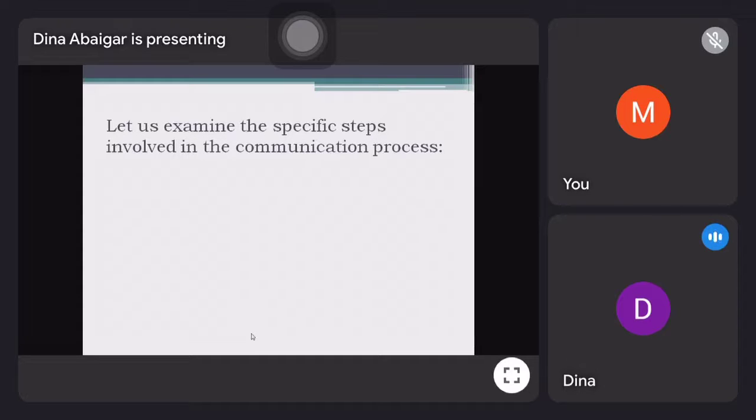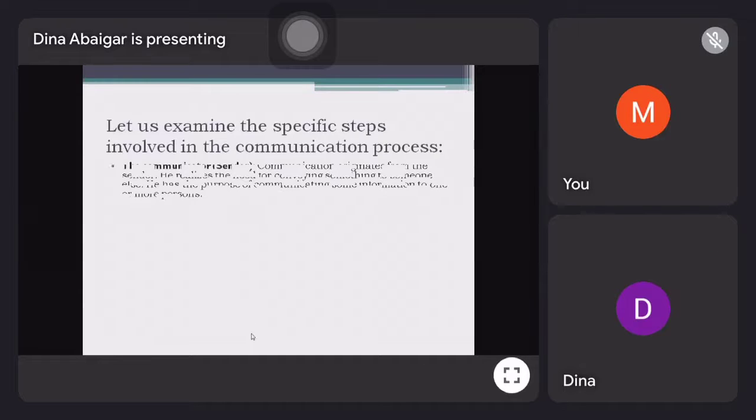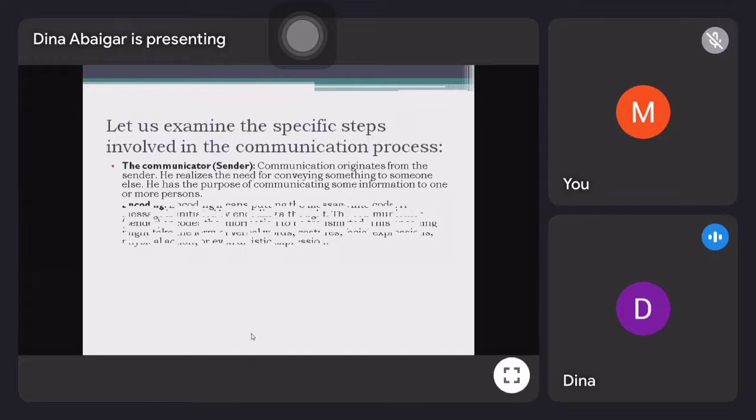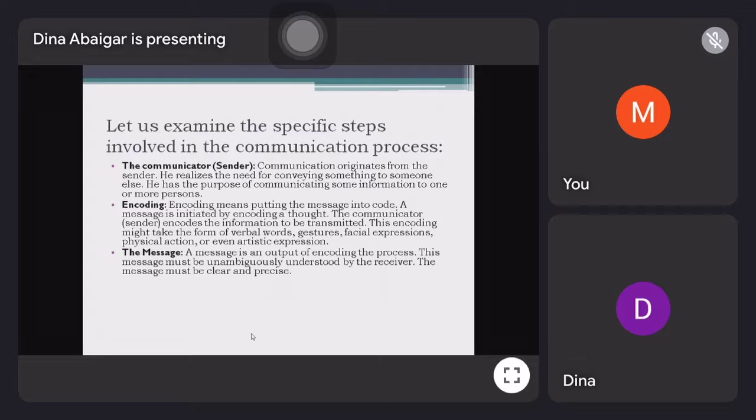Let us examine the specific steps involved in the communication process. The communicator or sender: communication originates from the sender. He realizes the need for conveying something to someone else. He has the purpose of communicating some information to one or more persons.